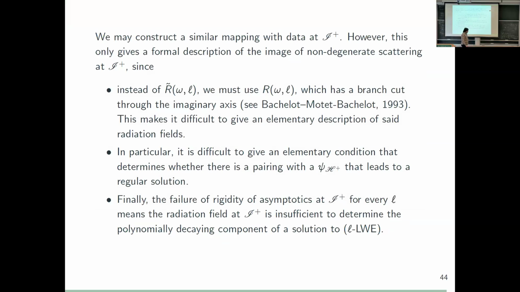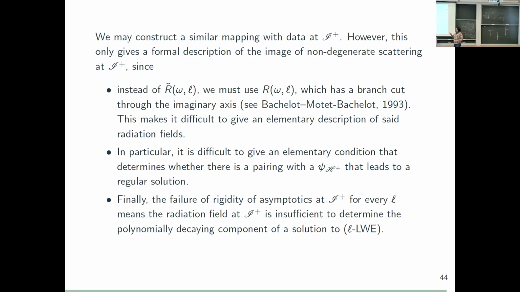So the story that I've just described plays out in terms of what happens at H plus. So what kind of radiation can we have at H plus? And this is useful because once we can identify that a solution that is given radiation field at H plus admits a solution which is regular, then any other solution will only differ by something that is a small correction because it decays exponentially rapidly.